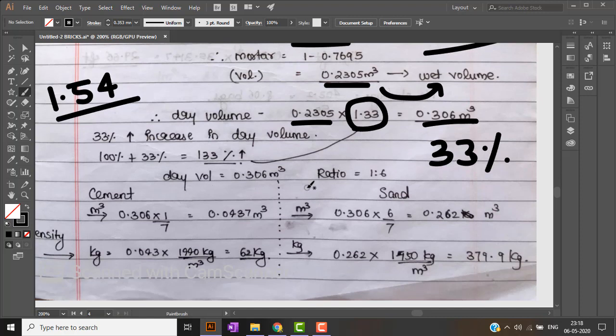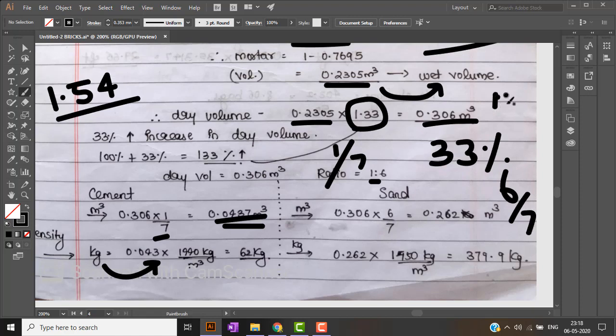So you know the dry volume ratio is 1:6. So cement is 1 out of 7, that is 1 out of 7 into 0.306. That will give you the volume in meter cube. And in order to convert it to kilograms, you simply multiply by its density. Similarly for sand, sand is 6 parts out of 7.